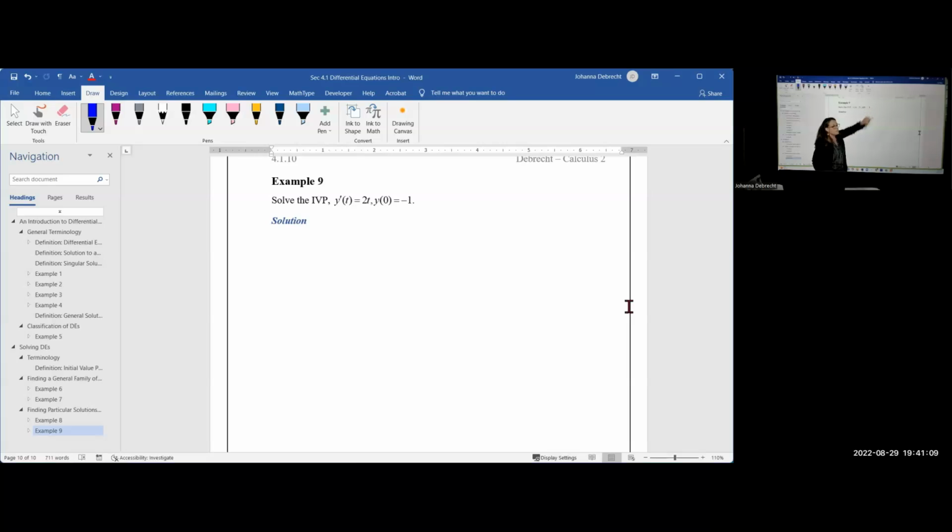So another way to represent this y of 0 equals -1 is to write when x is 0, y is -1. Now it looks just like the previous problems, except that I don't know what form the general solution has. So I'm going to isolate the highest order derivative, which is the first derivative. I'm going to rewrite it as dy/dt, and it's equal to 2t.